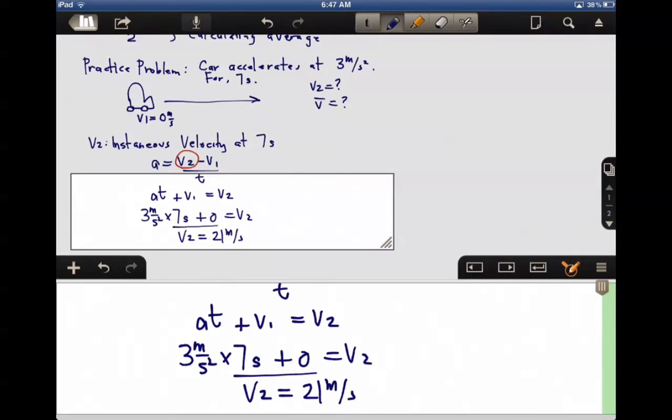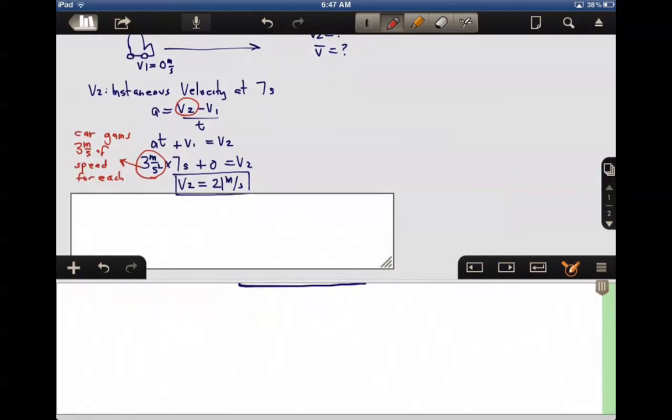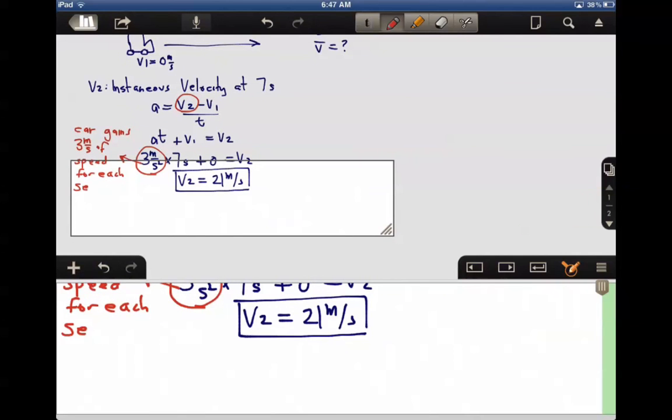You could also count this number out in your head, remembering that an acceleration of 3 meters per second squared means the car gains 3 meters per second of speed for each second it accelerates.